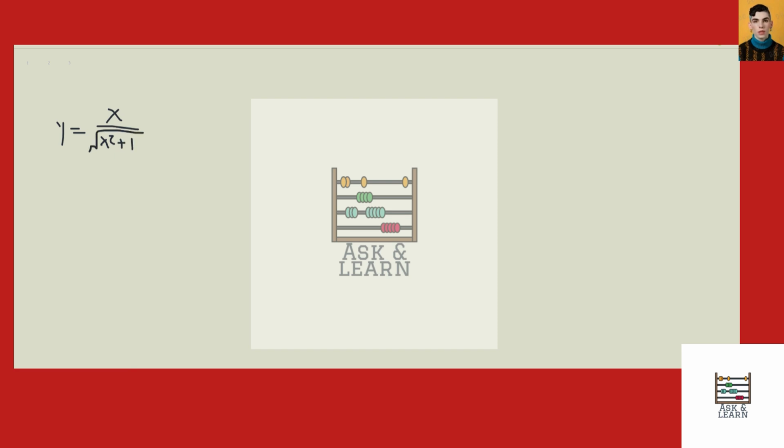So to take the derivative of this, we can use the quotient rule. So y prime is going to equal, so it's low d high minus high d low, all over the square of what's below.